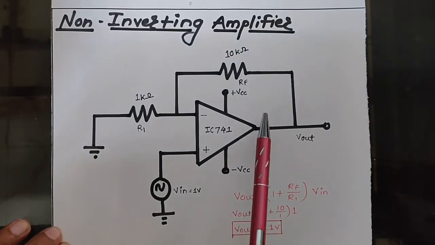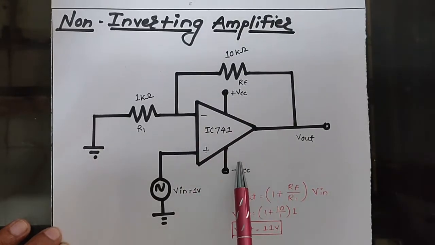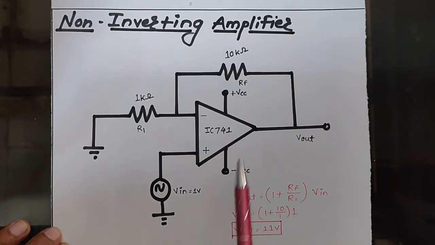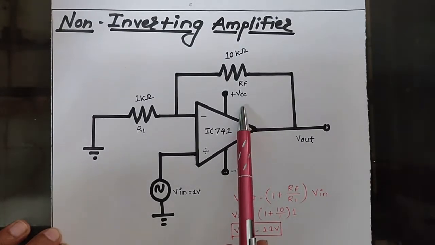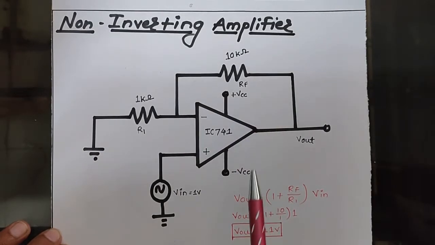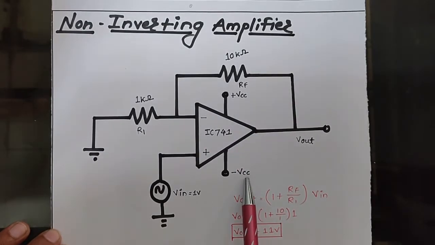We know that to turn on or trigger your op-amp we require the dual power supply, that is plus VCC and minus VCC. Suppose plus VCC equals plus 15 volt and minus VCC equals minus 15 volt.